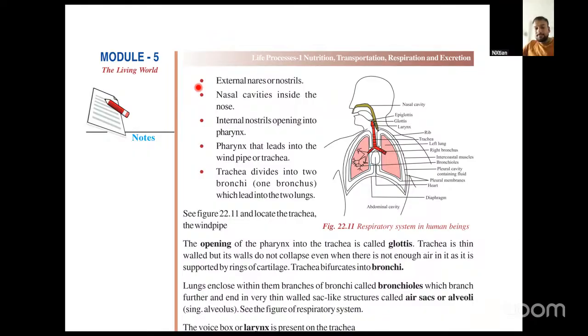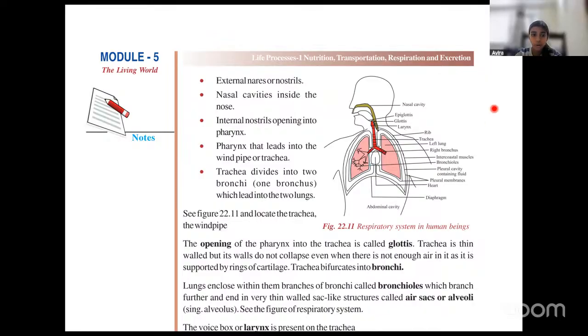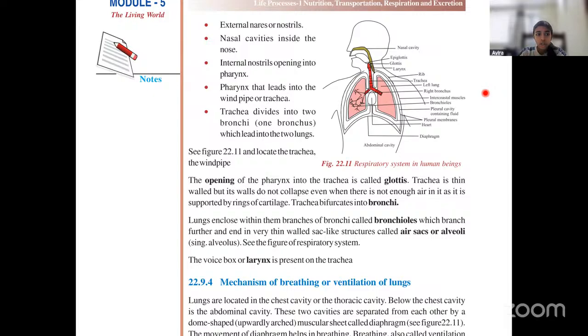Okay, I'll read this. External nares or nostrils, nasal cavities inside the nose, internal nostrils opening into the pharynx. The pharynx leads into the windpipe, or trachea. The trachea divides into two bronchi, and each bronchus leads into a lung.